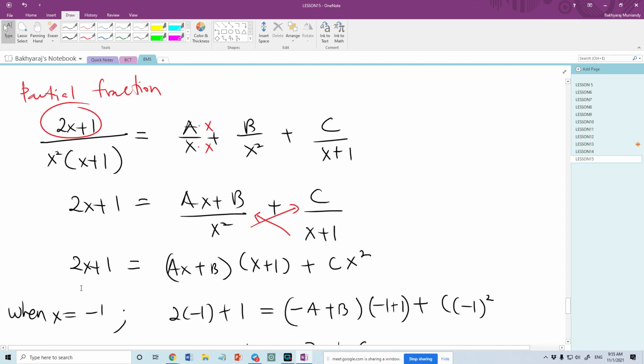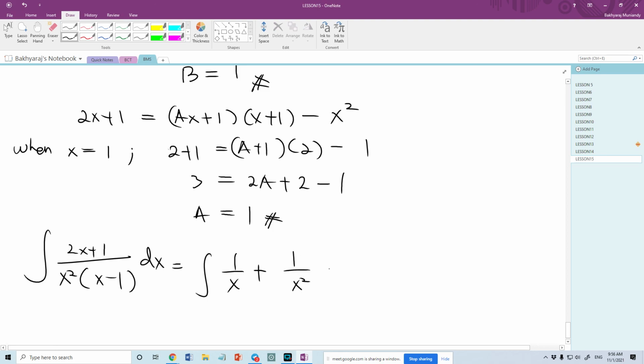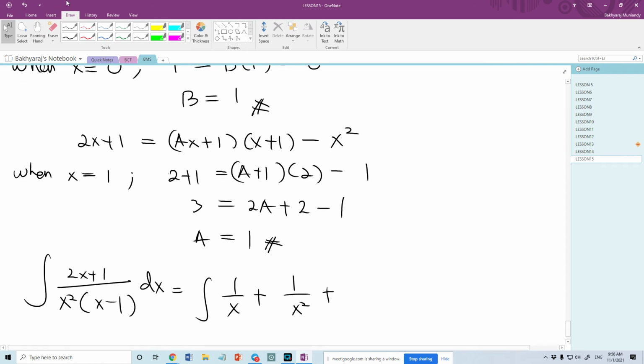Integrate 2x plus 1 divided by x square, and we have x minus 1 dx equal, a is 1 over x, b also 1, so 1 over x square, plus c is negative 1, so I get negative here.